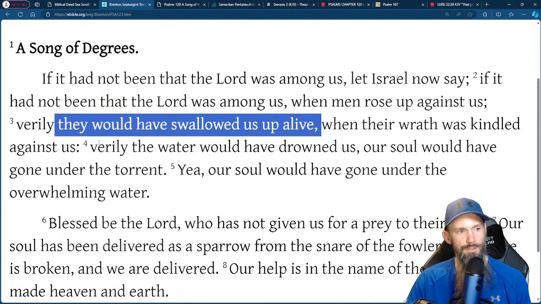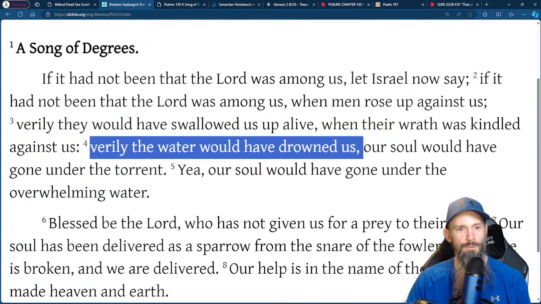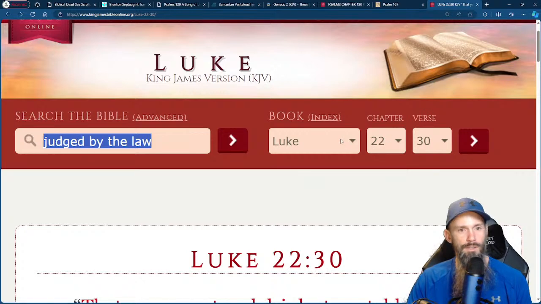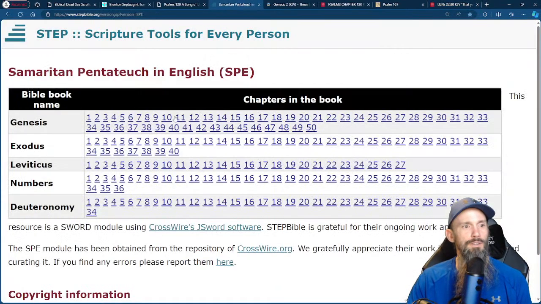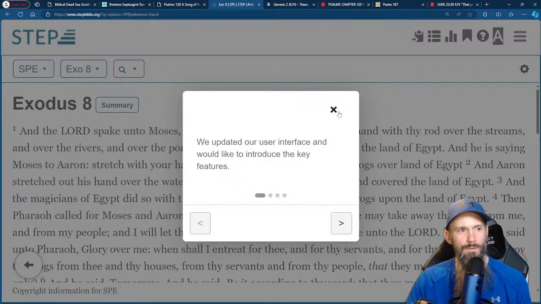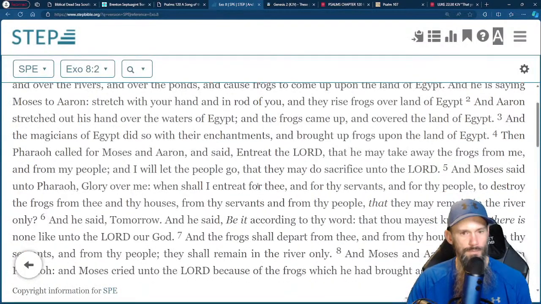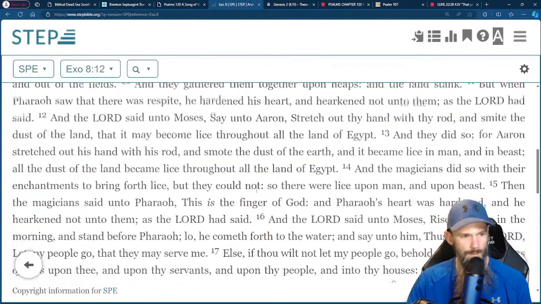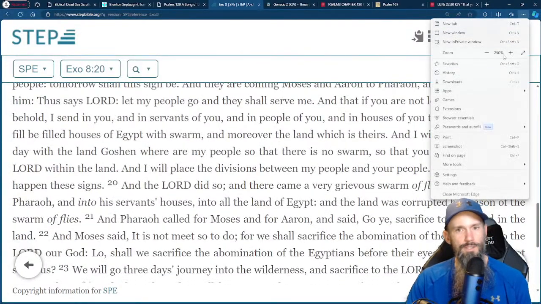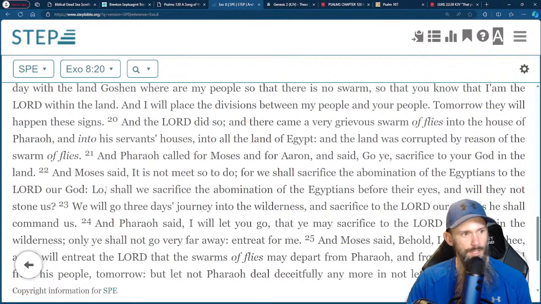Now, the first thing that comes to mind is the first Exodus. The water would have drowned us. Pharaoh and all of them chased them. Let's see. Go over here to the Samaritan Pentateuch. Exodus. I just read this today. Where's that? Is it 8? And I could also go to the Dead Sea Scrolls too, but I like the Samaritan Pentateuch.